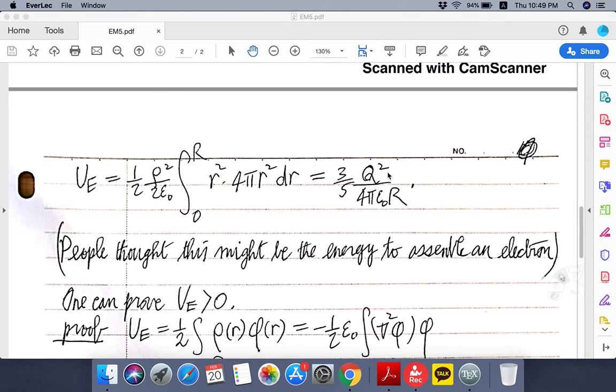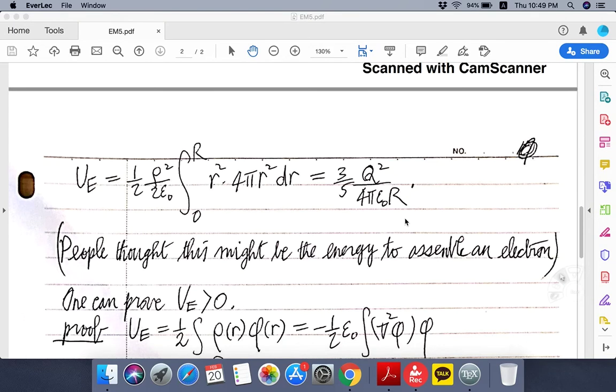So then they tried to apply this formula to interpret this energy as the energy required to assemble a single electron out of nothing, and that interpretation basically did not really work out very well.